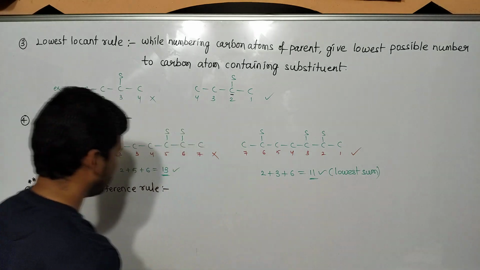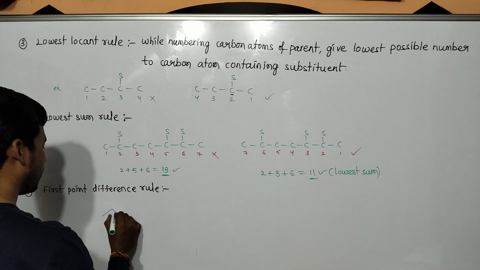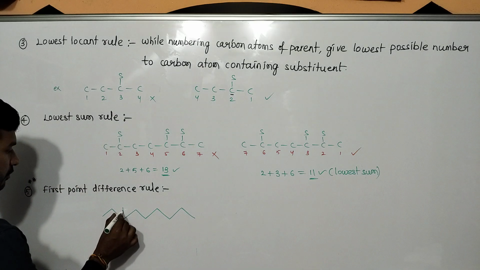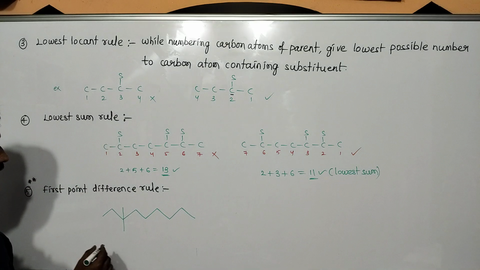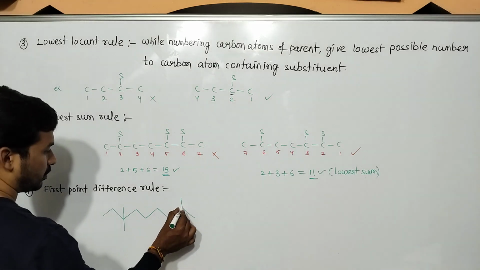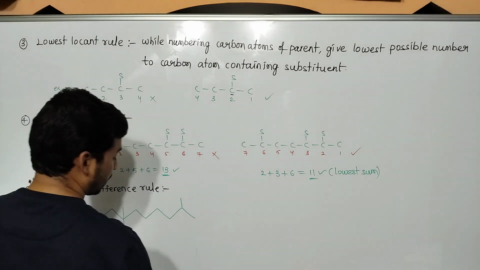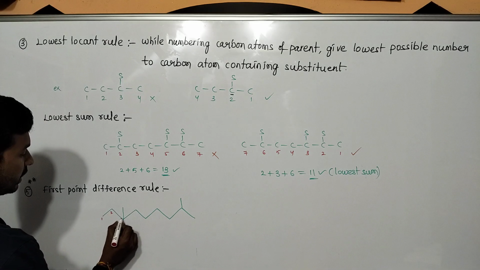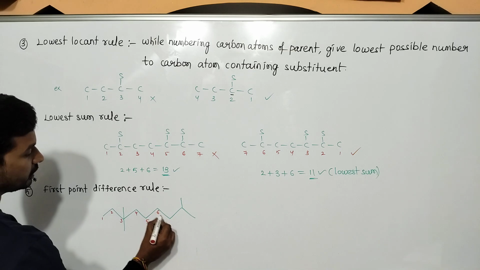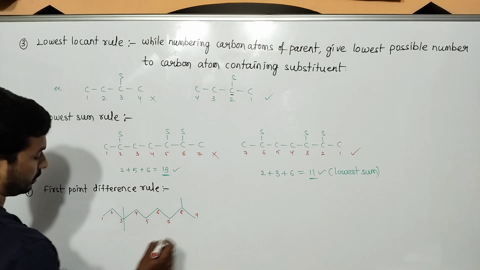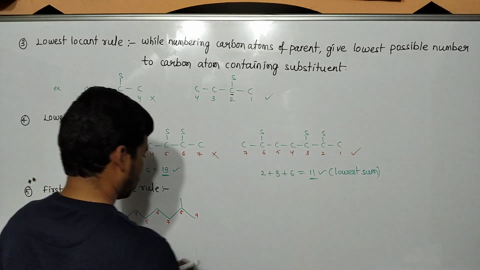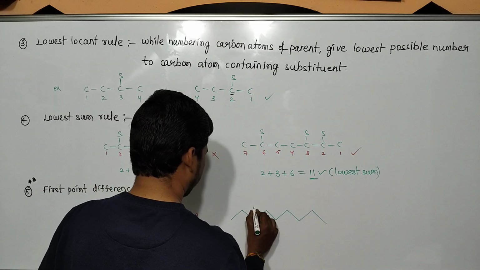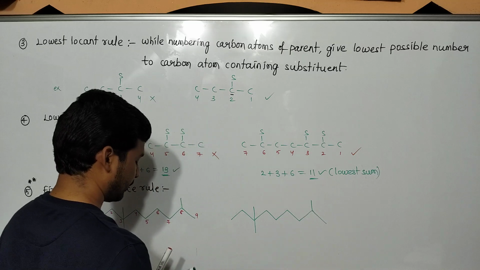I will explain with one example. I am taking a bond line formula. Here one methyl group, another methyl group, as branches. So verify the structural representation of organic molecules in the previous video. So if you give numbers like this, 1, 2, 3, 4, 5, 6, 7, 8, 9. I will give one right method and one wrong method. For that I am taking 2 times.